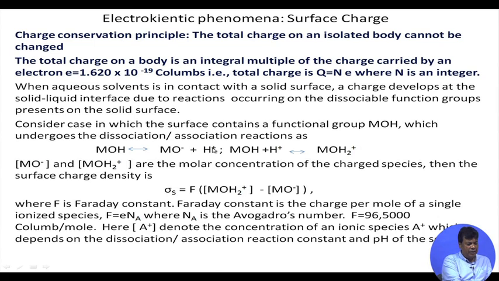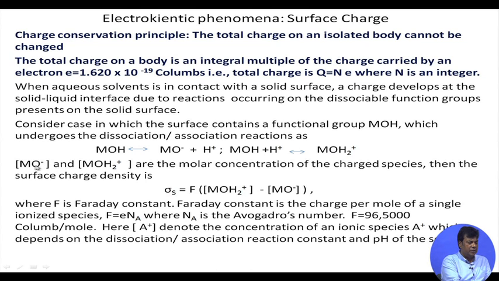Basically, what we want to show from here is how this charge is produced at the interface. Through these association-dissociation reactions, we have a generation of negative ions and positive ions.